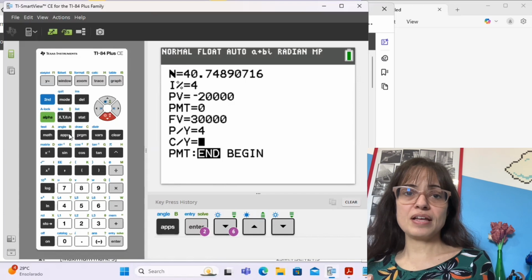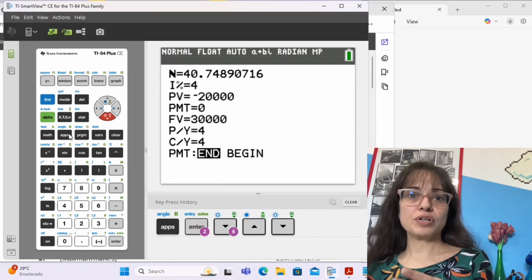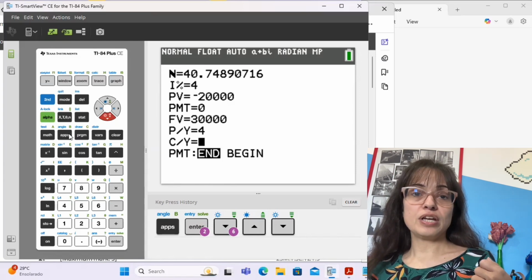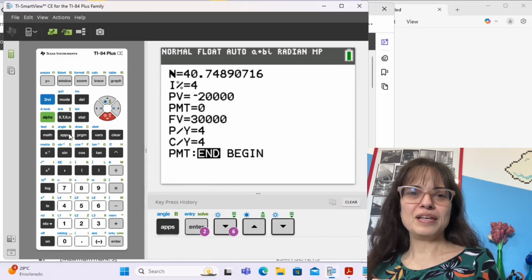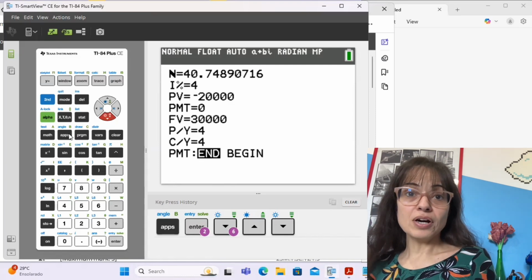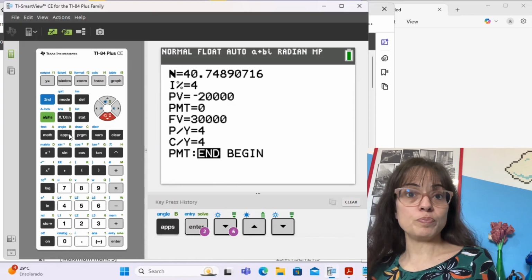And the reason is that now we have two different things that are happening periodically and over again through time. One is the interest being added to your account like it was before, but the other one is the money changing hands. And in most problems, both of these things are going to be happening in the same kind of periods. So either they will both be monthly or both quarterly. But there are some problems that we run into where those two things are different periods.